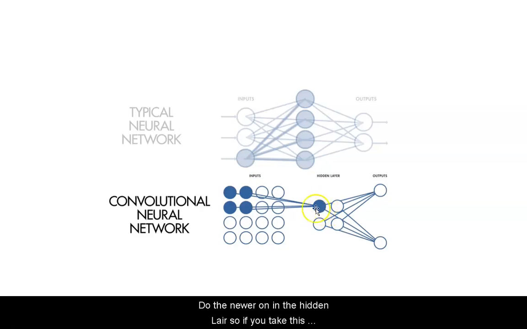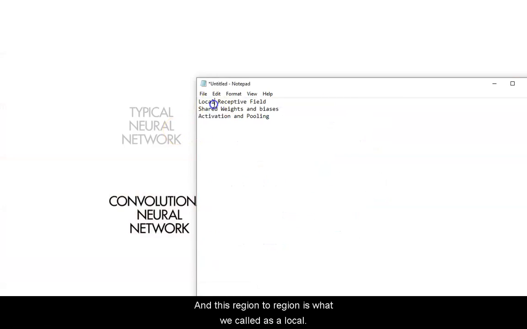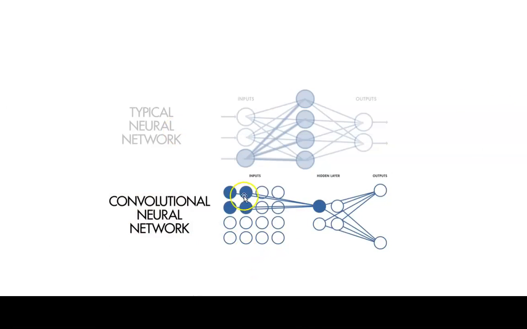So if you take this particular node in the hidden layer, only a small region of your input neurons connects to this particular neuron in the hidden layer. And this region is what we call a local receptive field. So this region you can see is what is called the local receptive field.